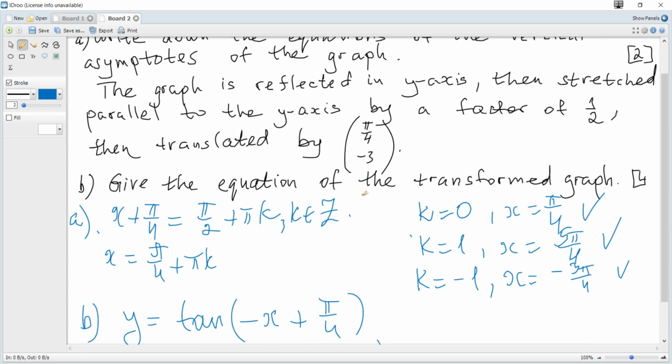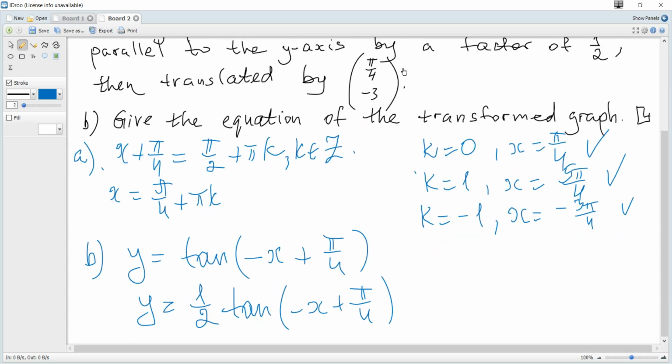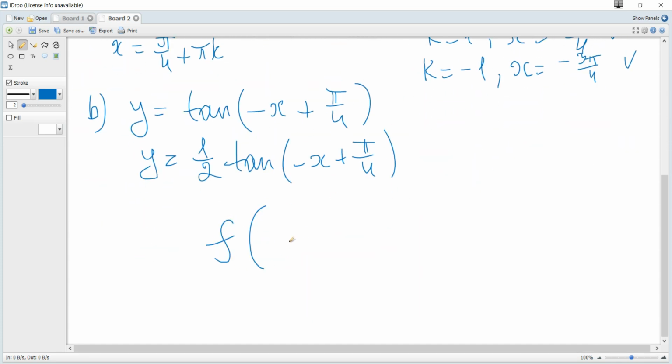The next transformation is translation by a vector. So horizontal translation by pi over 4, it means to the right, and translation to the right will be what? Function of x minus pi over 4. And we should substitute x minus pi over 4 for every x in the equation.